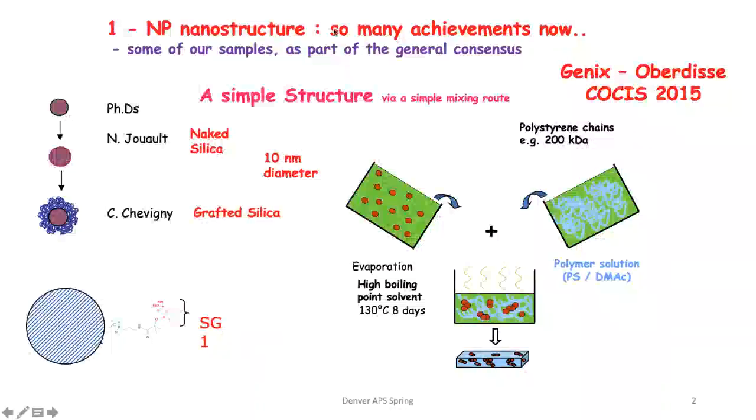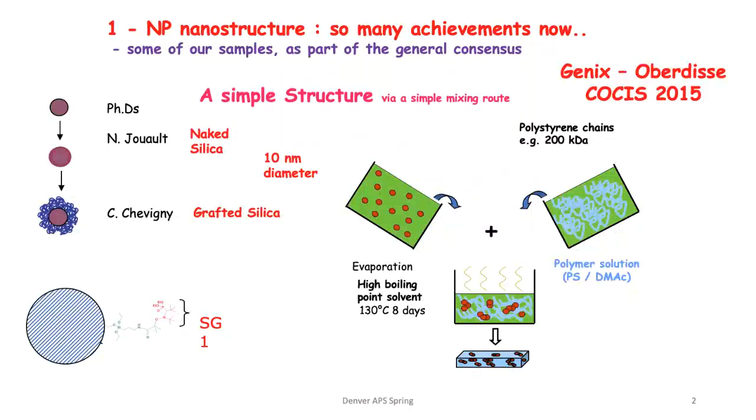There have been so many achievements that I think people start to understand well. It has taken 15 years, but to understand well how you obtain the different kinds of dispersion of a nanoparticle. So here I will show some of our works just to show that they agree with the consensus, and then I will study them in the deformed case.